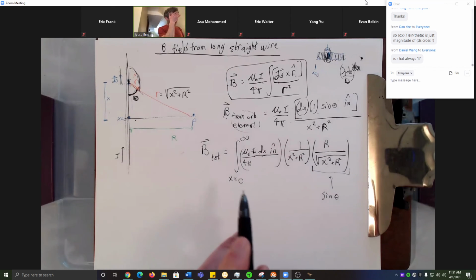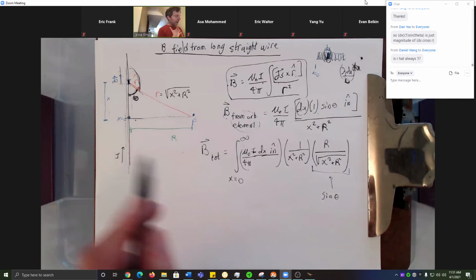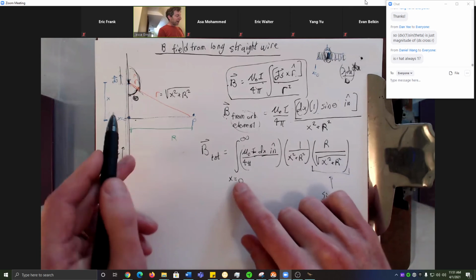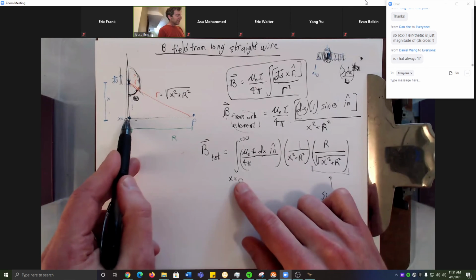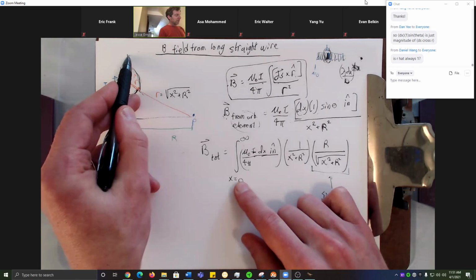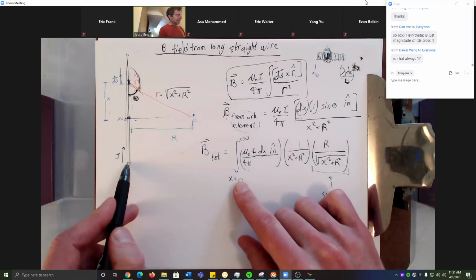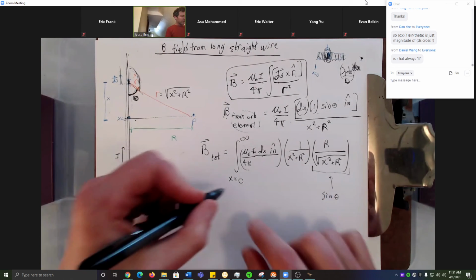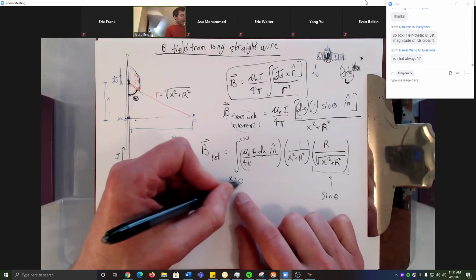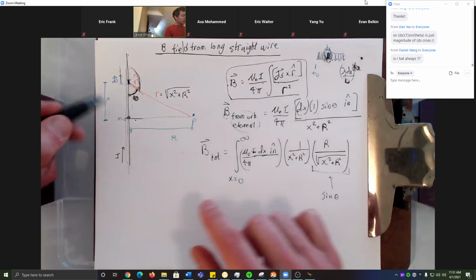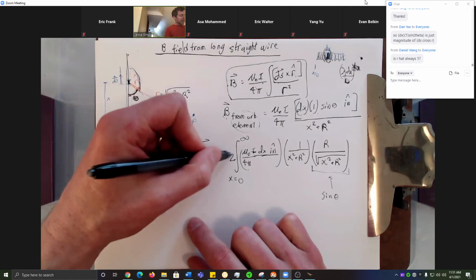And then you worry for a second, because you say, well, wait a second, what happened? This all looks fine, except how come you're only including elements from x equals 0 to infinity? What about the contributions from all these? And I'd say, oh, right. We should do from x equals minus infinity to infinity, or we can do 0 to infinity and double the answer.